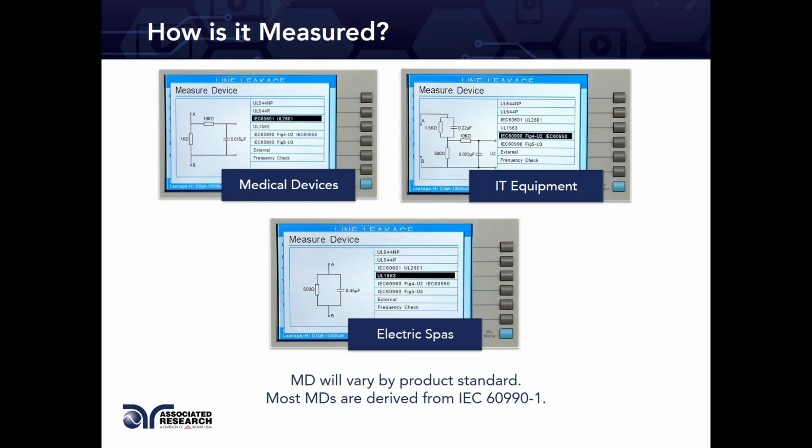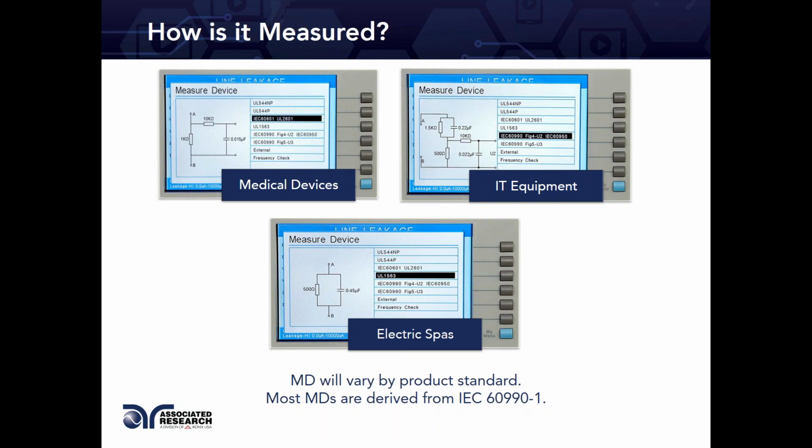Going back to the measuring device circuits, here's a few examples. These screens are taken out of one of our leakage current or electrical safety analyzers, the Omnia 2 model or Omnia 2 series, and these measuring device circuits are built into this device.